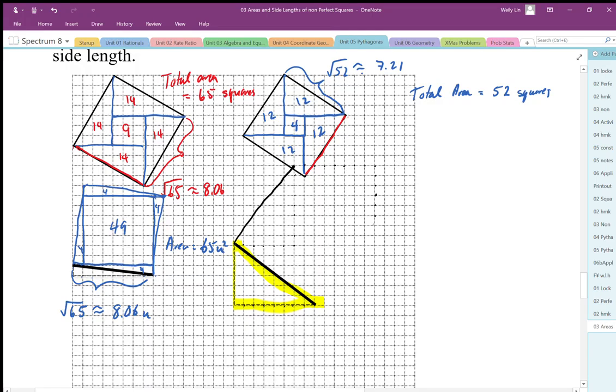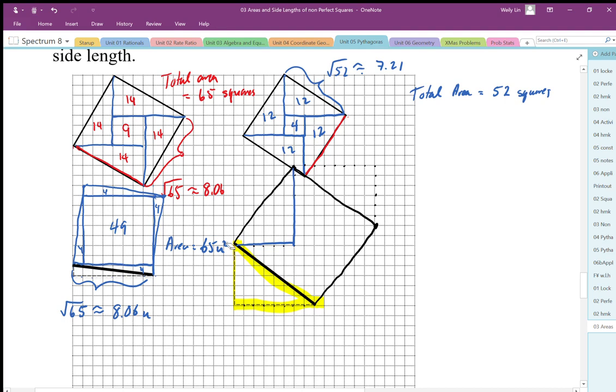I wonder if I can use those squares somehow to make it a little bit easier for myself. Okay, so there's my diagonal square. I'm going to draw in my lines here, and again, those corners are found by using these dimensions, 6 and 8.